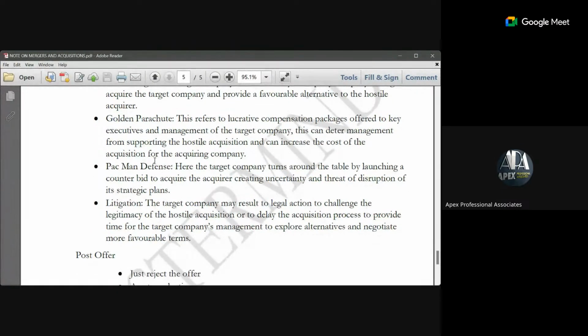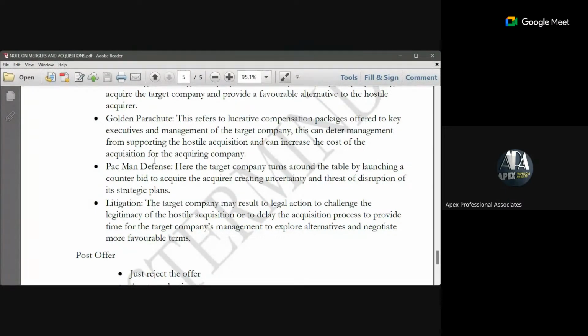We also have the Pac-Man defense. Here, the target company turns around the table by launching a counter bid. What the Pac-Man defense does is that once the target company notices that this company is trying to propose an offer to them, instead of waiting for them to propose that offer, they will make a counter offer.